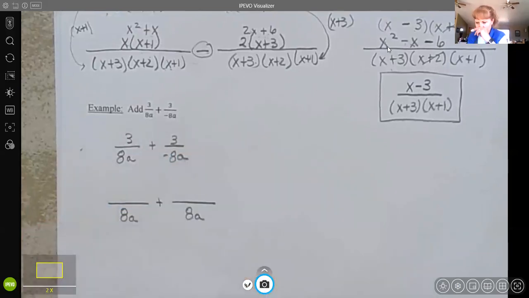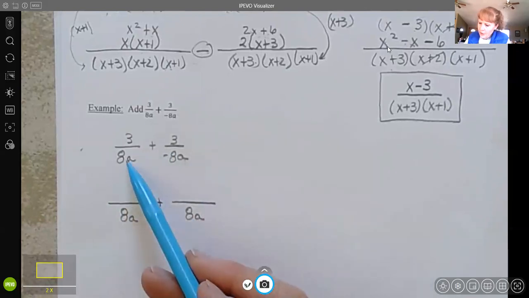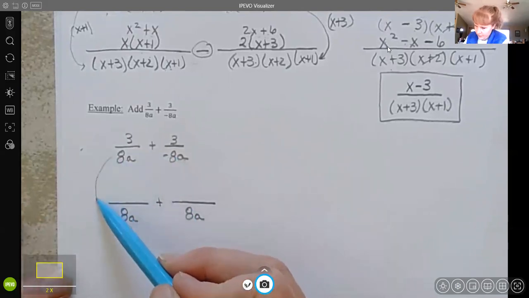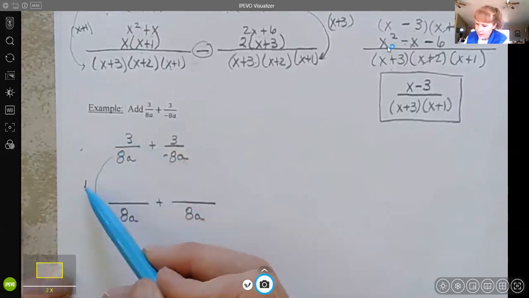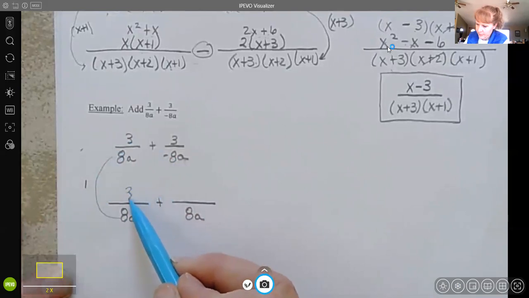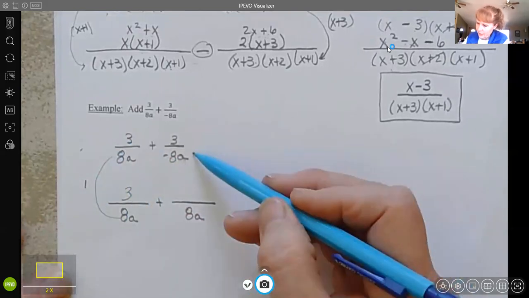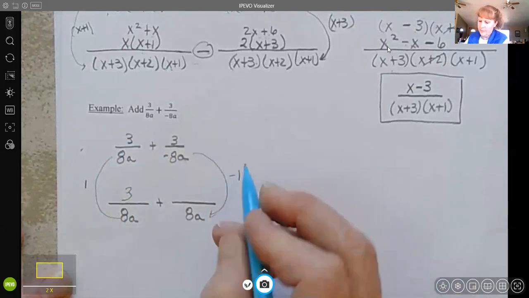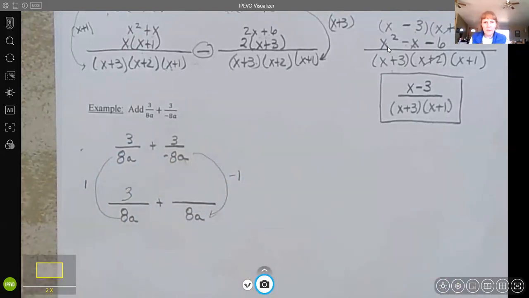I'm going to ignore that negative until I see what I'm multiplying by. So to go from here to here, you multiply by 1. Just a 1. 3 times 1 is 3. To go from here to here, you multiply by a negative 1. So that's when you can pay attention to the negative. And so you take 3 times a negative 1.